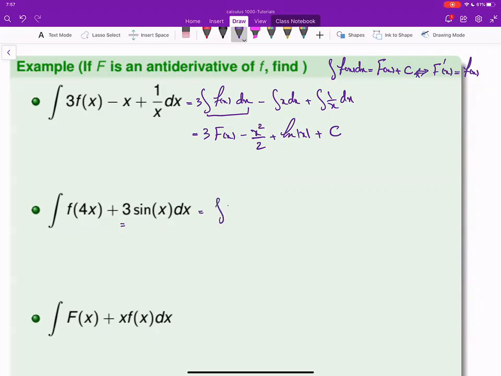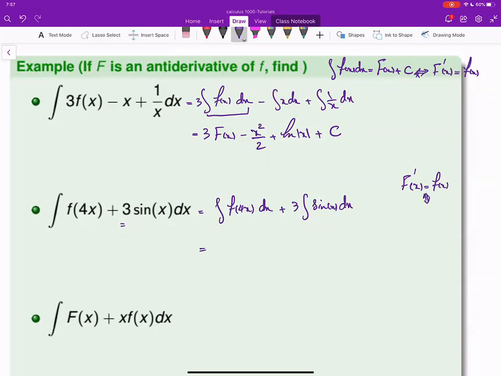Okay. For this one, we have the integral of 4x dx plus 3 times the integral of sine x dx. I know that the integral of lowercase f of x is capital F of x. But what about the derivative of capital F of x equal to this?